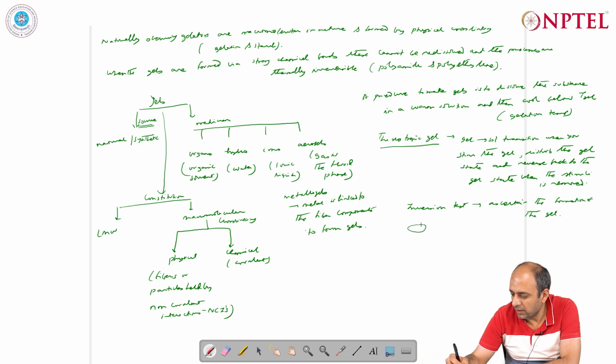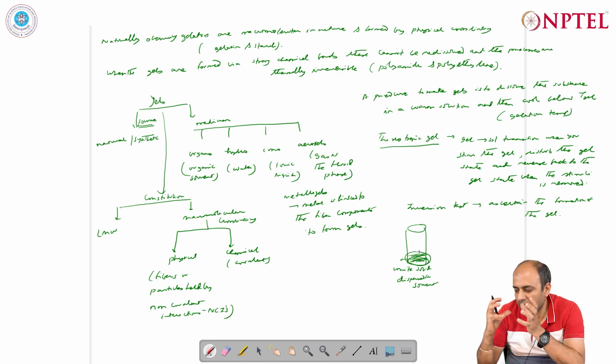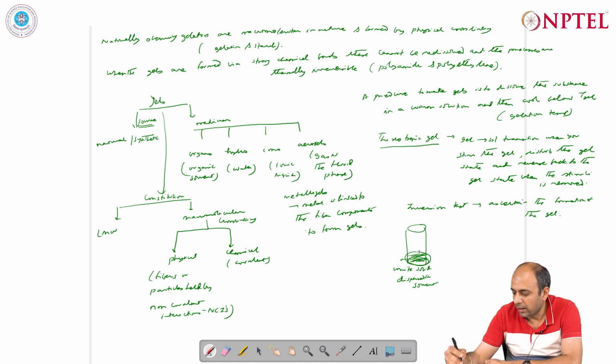So, once the gel is formed, it practically leads to the immobilization of the liquid. Now you see you have this white solid which is dispersed in solvent, and it forms a viscous mass. It is a viscoelastic material, and this is the top of the container which is covered. Now, you put it upside down.